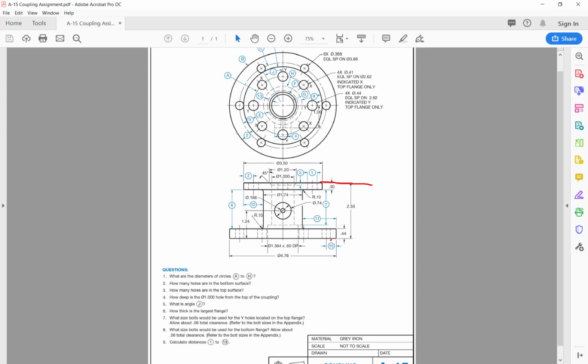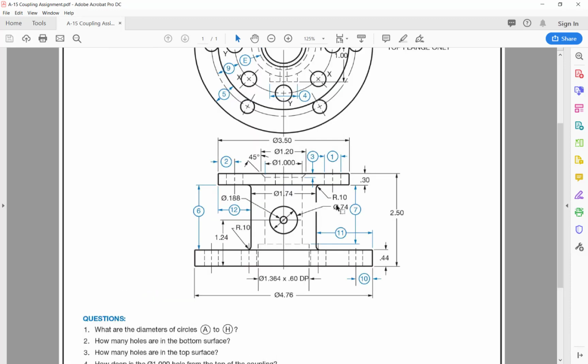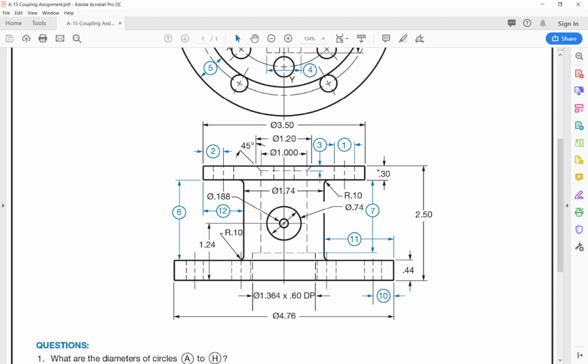We're going to take the overall height. Maybe I'll zoom this in here. So we're going to take the overall height again of 2.5. We want this number 7. So we're going to take this 2.5 and subtract this distance and this distance. So the top distance is 0.3. The lower distance is again the depth of this 1.364 diameter bore.